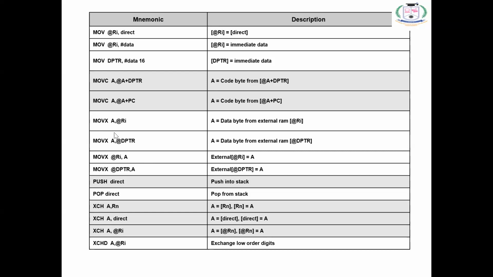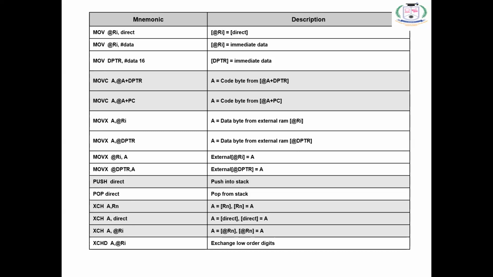Then push and pop: I push onto the stack and pop to retrieve data from the stack. Very good. Always remember, exchange will happen only between the accumulator and a register, or the accumulator and the address of a register.